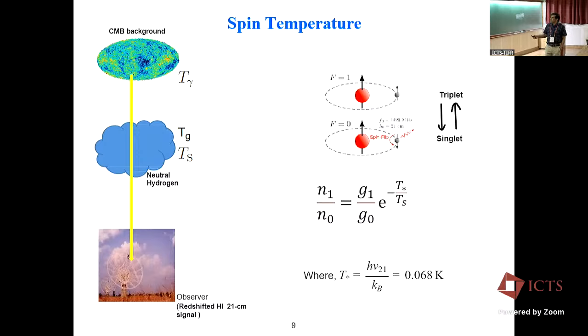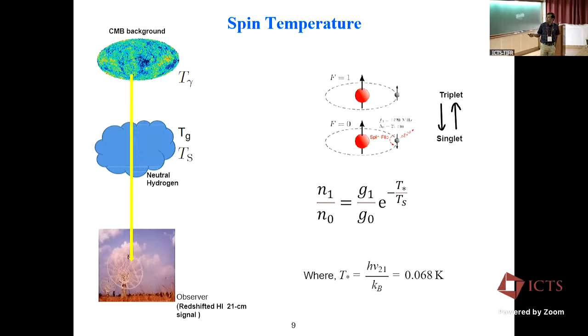Now, for example, if Ts is much higher than T star, this factor will be very close to 0. That means N1 by N0 would be just G1 by G0, which is 3. That means 3/4 of the total atoms will be in the triplet state, and 1/4 will be in the singlet state. And that is the case in practice.